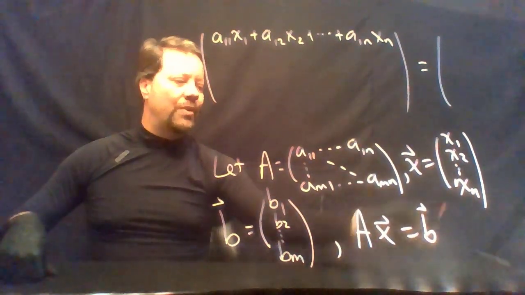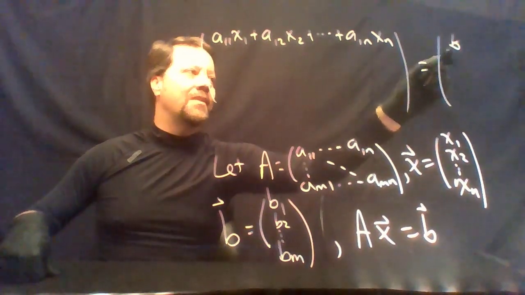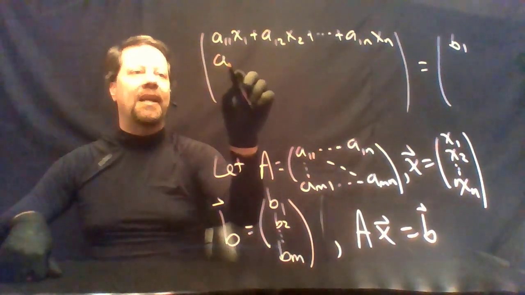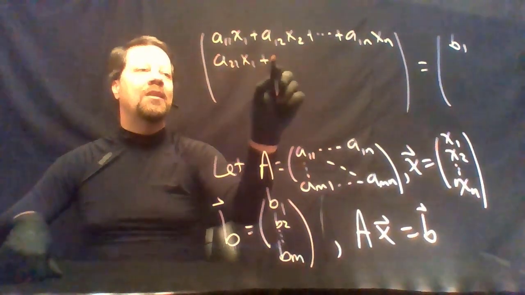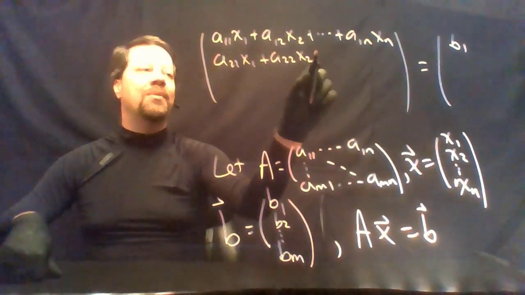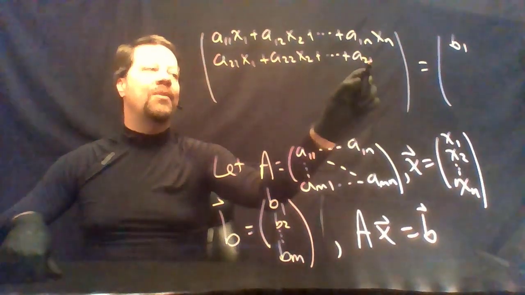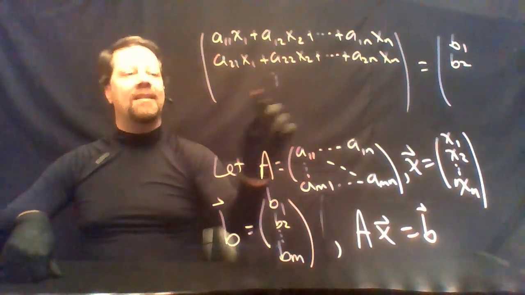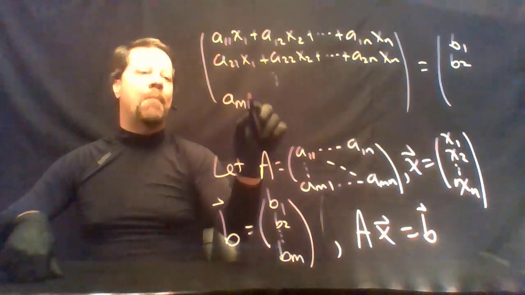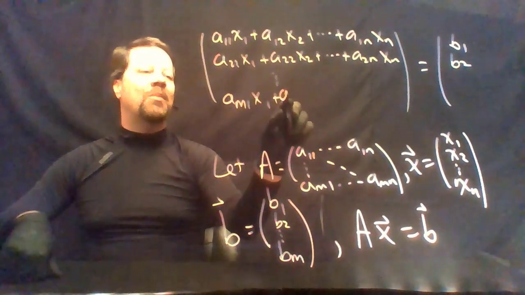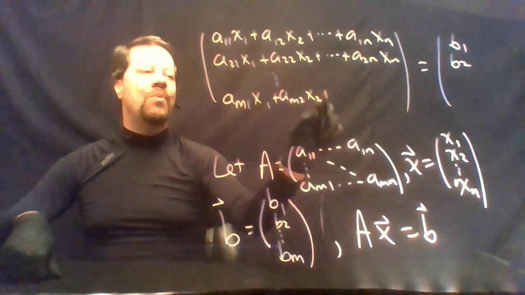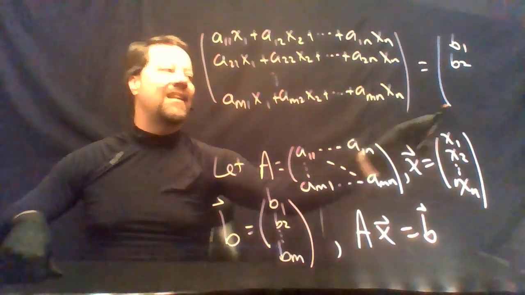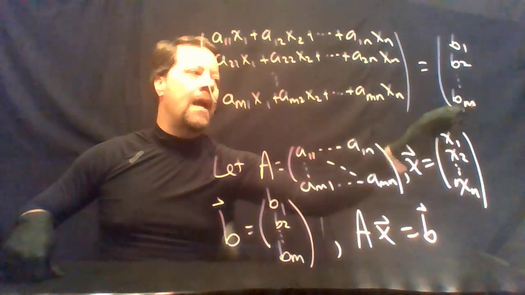That's going to be equal to the first entry in the matrix B. If I multiply the second row, I'll get A21x1 plus A22x2 through A2nxn equals B2. And this will keep on going until I have AM1x1 plus AM2x2 plus AMnxn, and that's going to be equal to Bm.